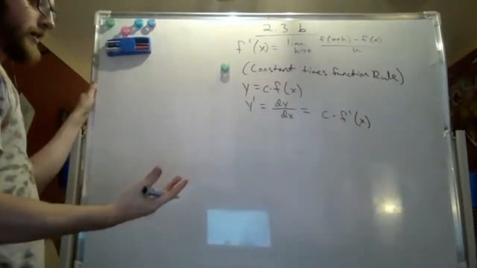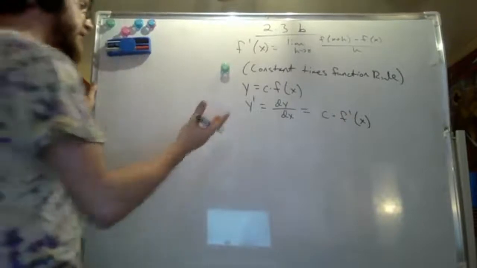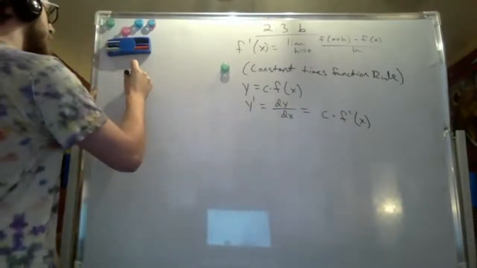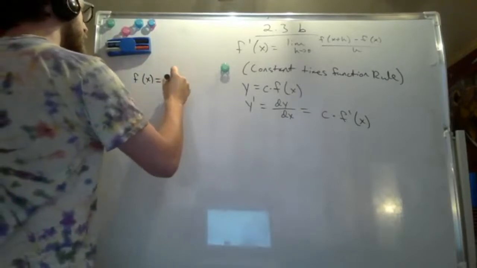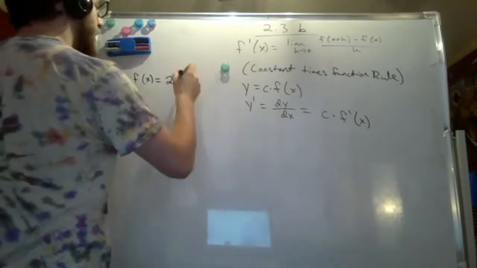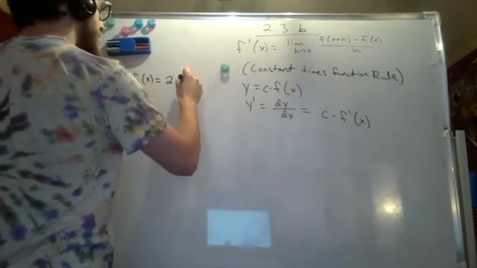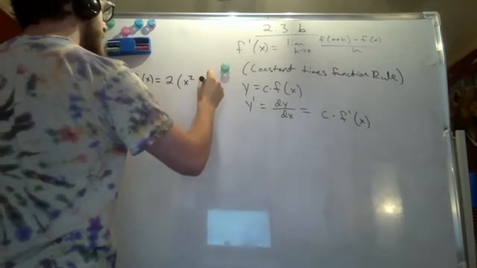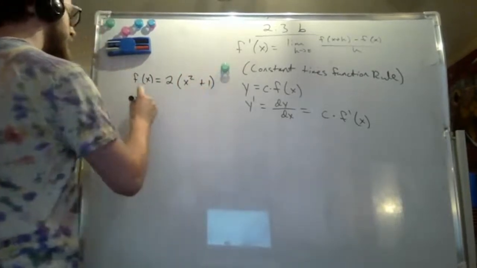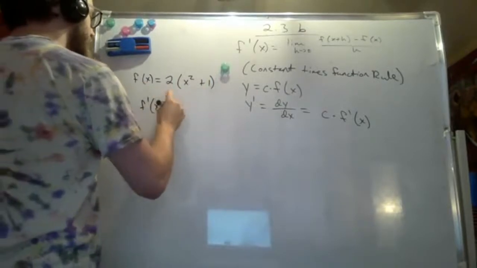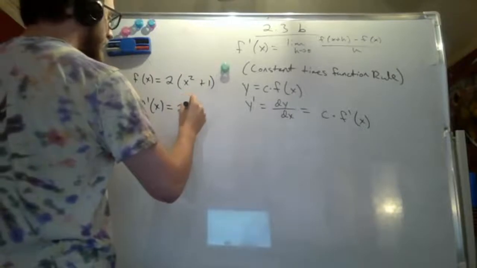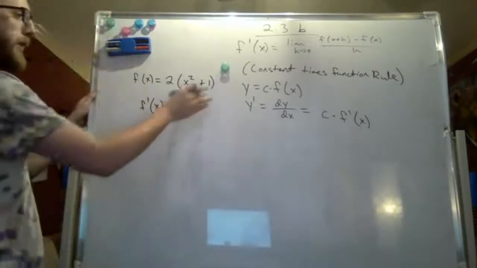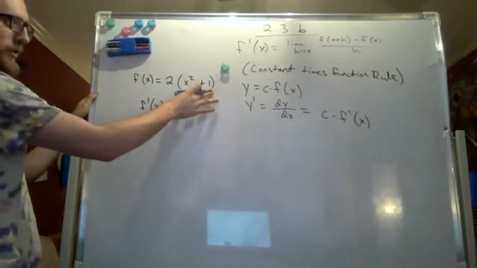Well, this is great. What this is telling us is that if I have a function, maybe f of x is equal to 2 times (x squared plus 1), then my derivative, according to the constant rule, says I can just leave the 2 on the outside and then multiply it by the derivative of this inside part.